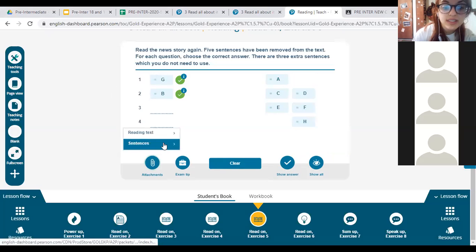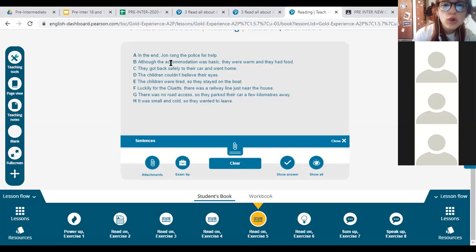We have sentence B. It says, although the accommodation, do you know this word? Accommodation is used to describe any place that you stay at when you travel. So a hotel, a cottage, a cabin, anywhere that you stay.